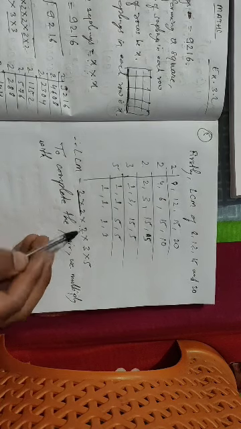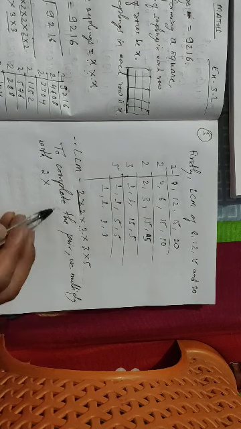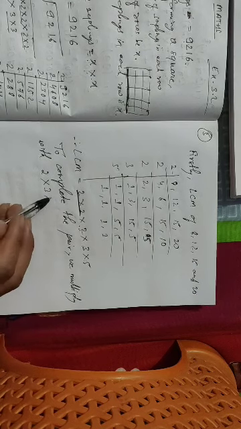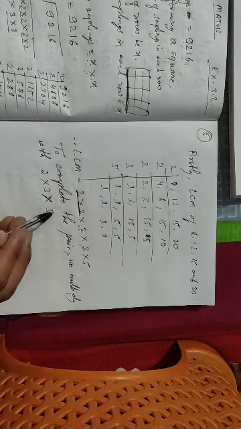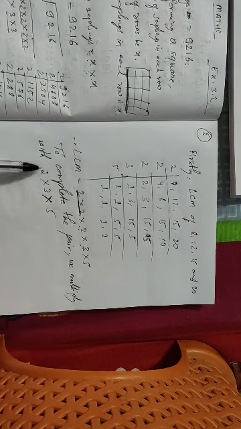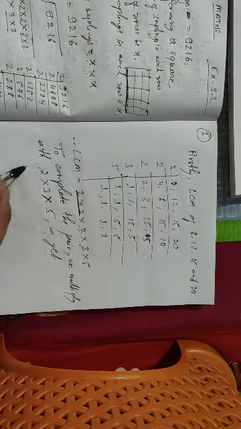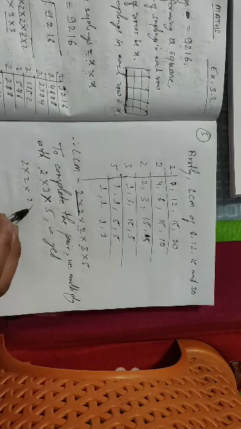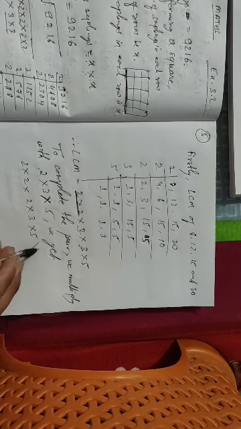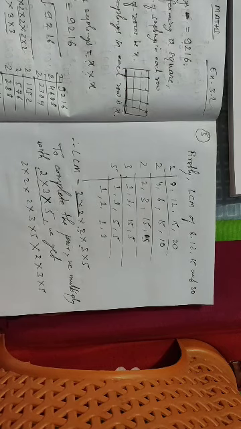To complete the pair of this 2 we need 1 two, to complete the pair of this 3 we need 1 three, and to complete the pair of this 5 we need 1 five, isn't it? So with 2, 3, 5 we get 2 into 2 is already there, into 2 into 3 into 5, again with into 2 into 3 into 5, because we are multiplying with this to form an exact pair.